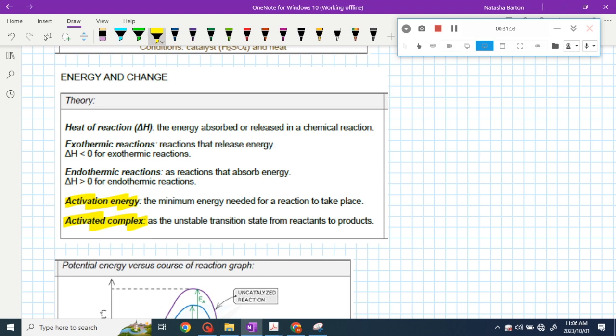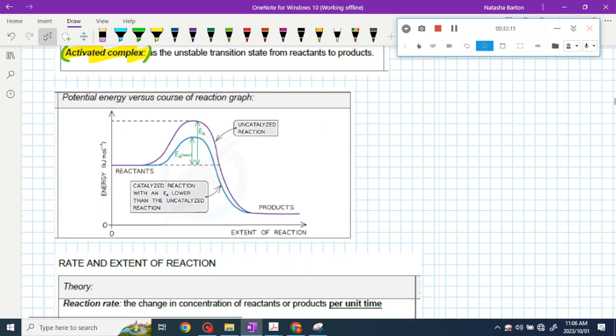We asked what is a catalyst, and the first option was a catalyst is a chemical that will decrease the activated complex, and most of you selected that one. But actually, it decreases the activation energy. Please be very careful. You need to still know how to draw these potential energy diagrams for both endothermic and exothermic reactions.